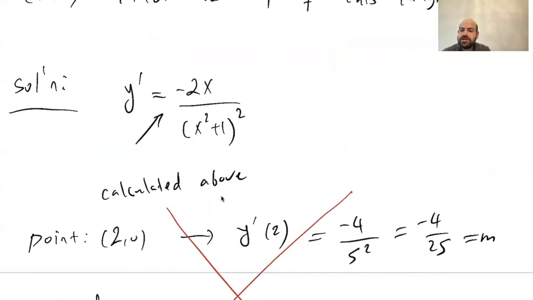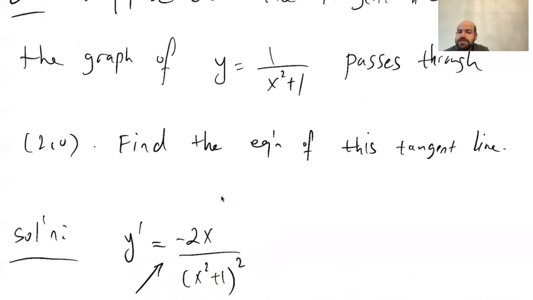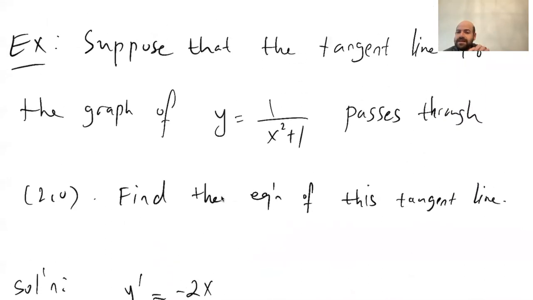But it is tangent at some point. At which point? We don't know. That's not given. It just says that this line, whose equation we are trying to find, is tangent to the graph at some point, and it also passes through the point (2, 0), but it's not tangent at (2, 0) because (2, 0) is not on the graph. So it's tangent at which point? At some point.